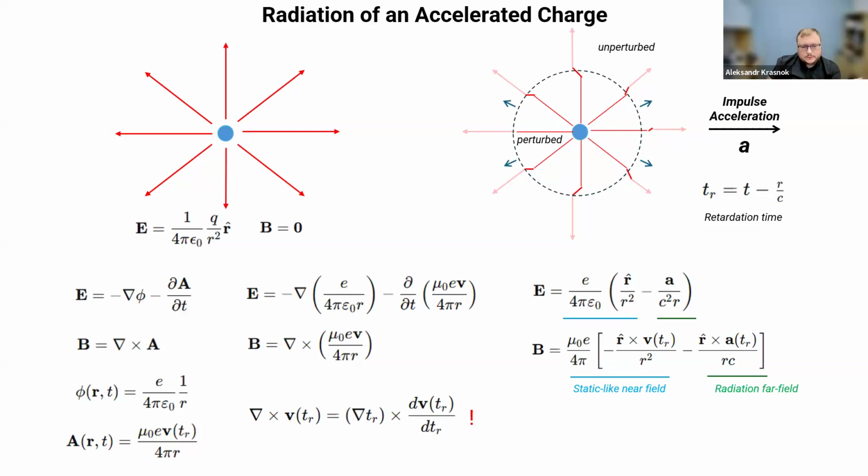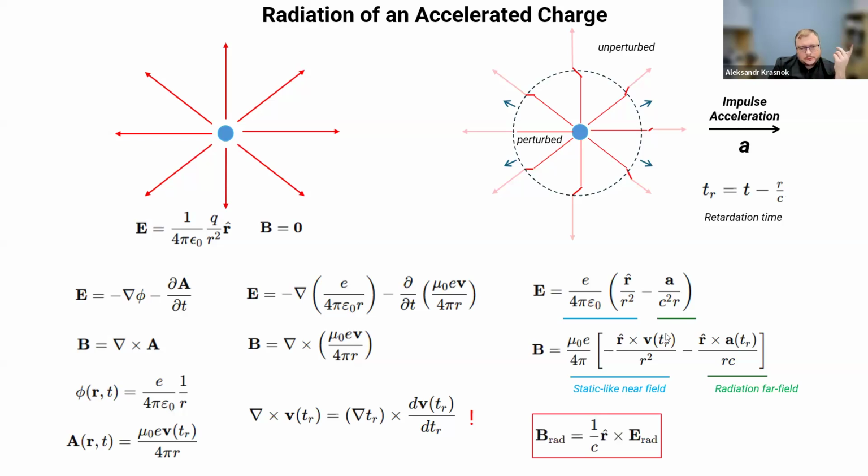So these two terms are called static near field, or static-like near field, and radiation far field. Radiation far field because this radiation part decays much slower than this near field.